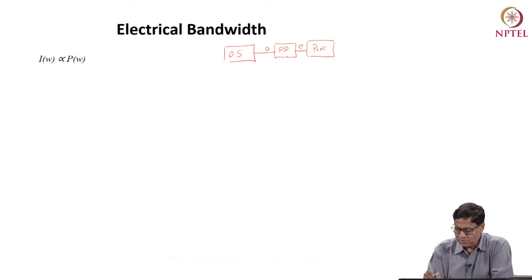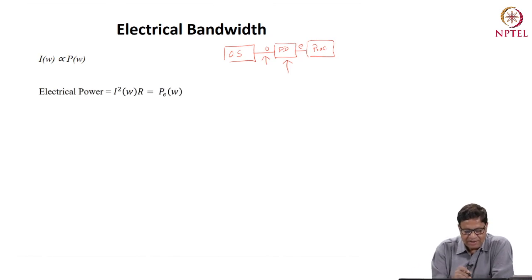The current produced in this photodiode as a result of the optical input is proportional to the light falling onto it, so there is a linear relationship. So I(omega) is proportional to P(omega). And electrical power will be I squared R, so PE(omega) is I squared(omega) R.